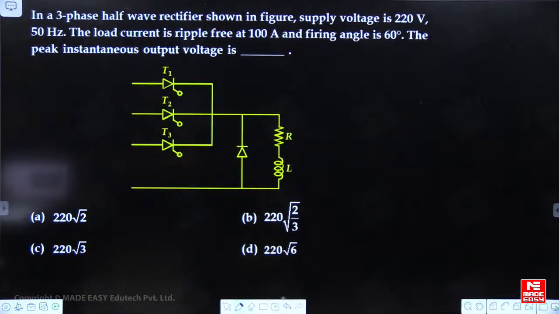Yes, make it fast. Yes, all of you draw the waveform for output voltage, you will get the answer.